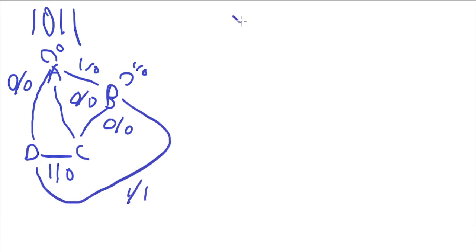So we can write this as Y1, which is because A equals 0, 0, D equals 1, 1. So Y1 is equal to this part, and Y0 is equal to this part.